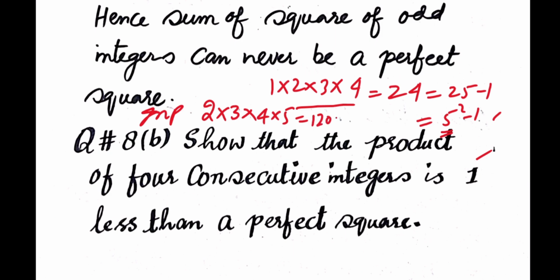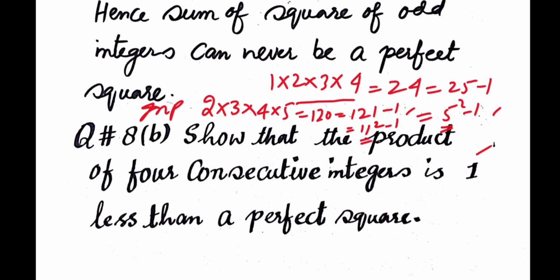And 120 can be written as 121 minus 1, and 121 is the square of 11. Again you can notice that the product of 4 consecutive integers is 1 less than the perfect square, that is 11 square.